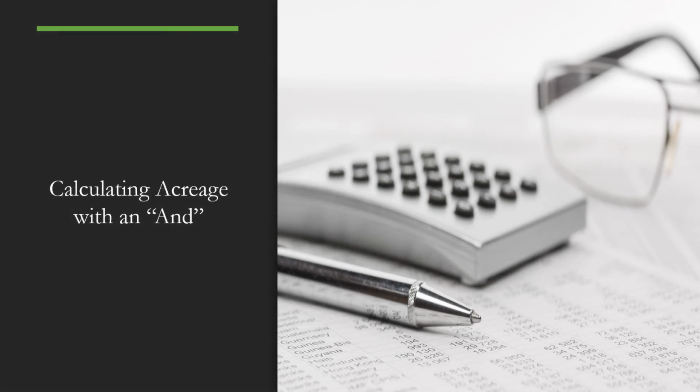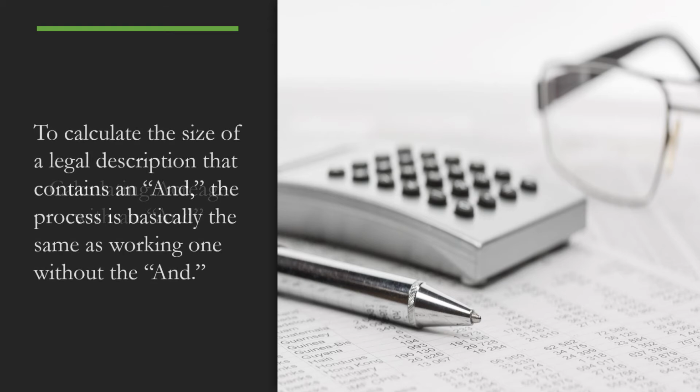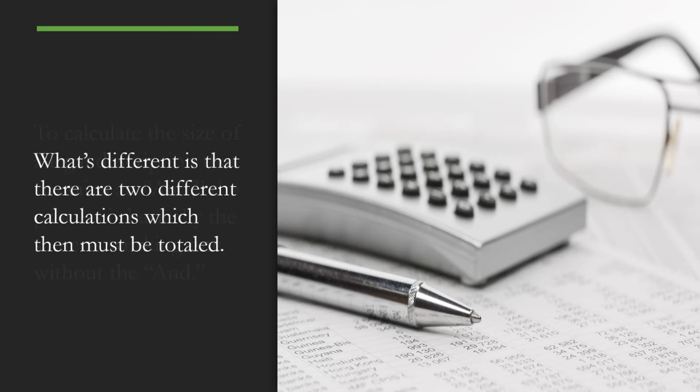Calculating acreage with an "and." Calculate the size of a legal description that contains the word "and." The process is basically the same as working one without the "and." What's different is that there are two different calculations which you must perform and then total the answers of each calculation together.